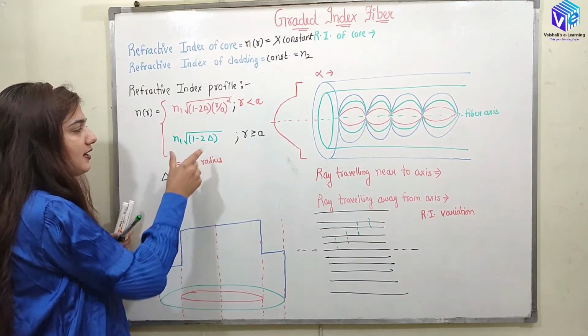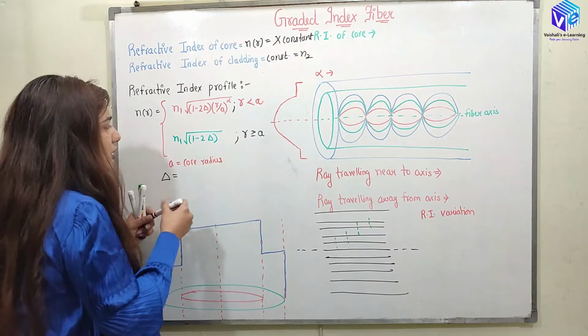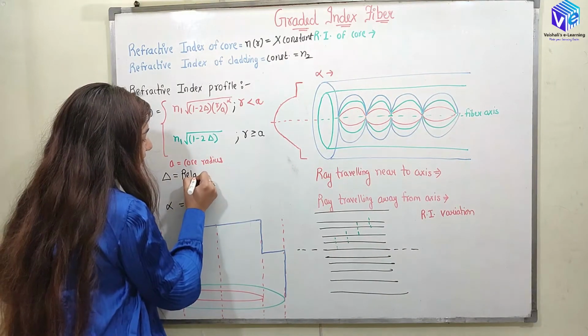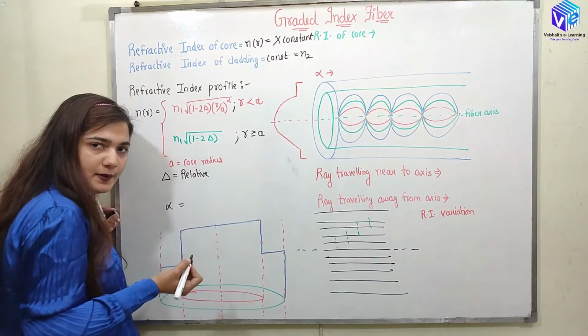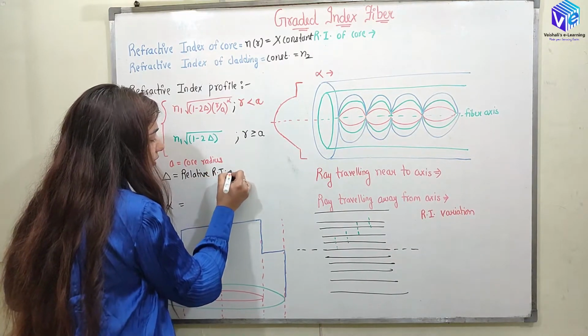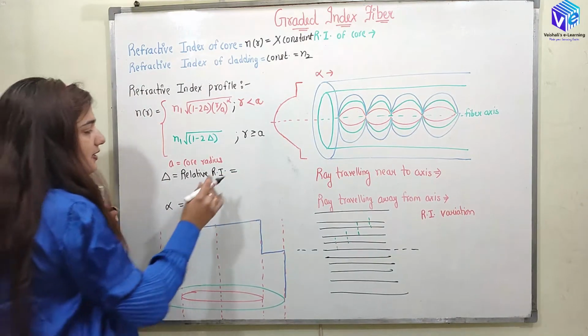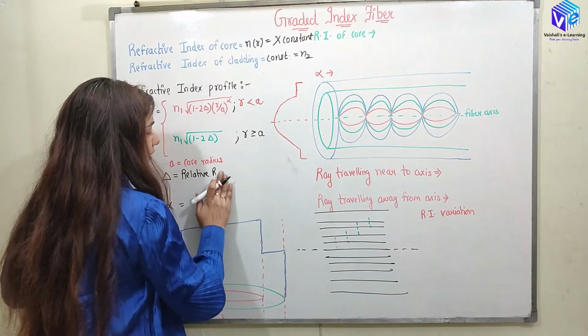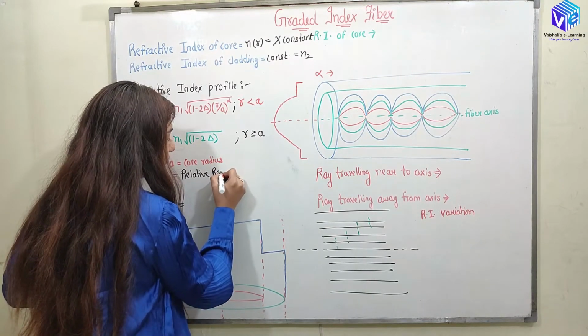If I simplify it, what is delta over here? Delta is the relative refractive index. We have already talked about it in the previous classes. So what is the formula of delta? I am writing it fully so that people will not get confused.